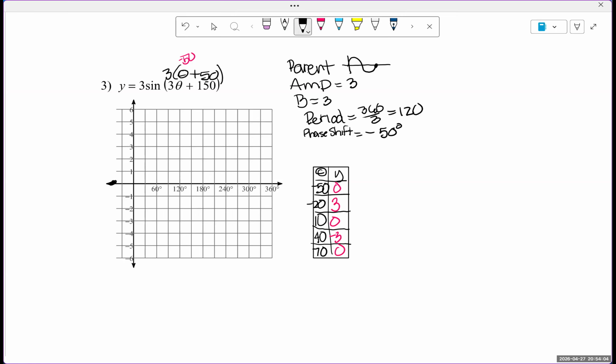Okay, so negative 50 is 0, negative 20 is 3, 10 is 0, 40 is negative 3, and 70 is 0. So there is one cycle of our sine curve.